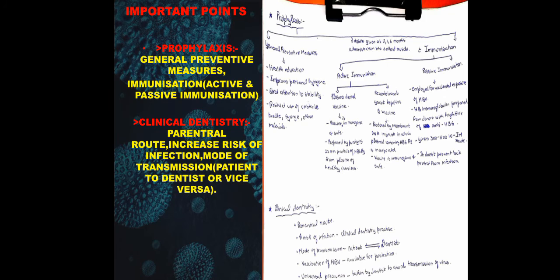The clinical dentistry points include that the main route of transmission is parenteral, the increased risk of infection will be present, and the mode of transmission can occur from the patient to the dentist or even vice versa. So the HBV vaccine is very important to be given to a dental practitioner and even a medical practitioner before he joins the clinical setups.